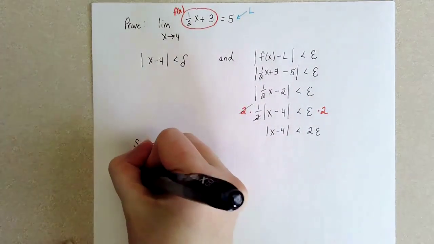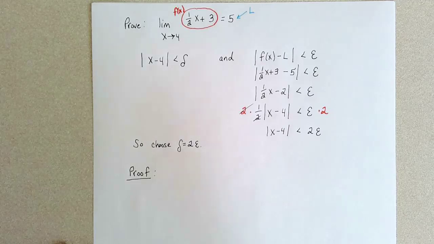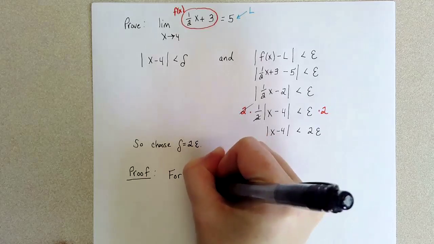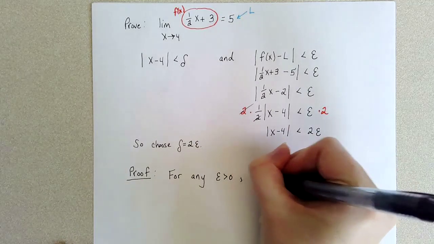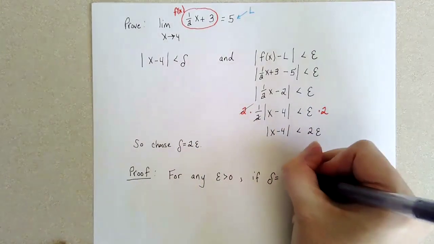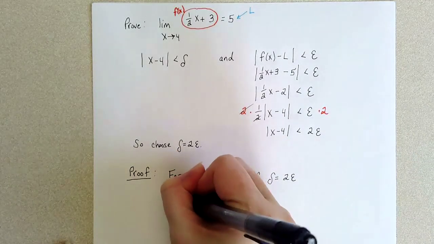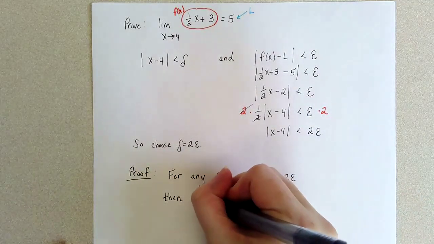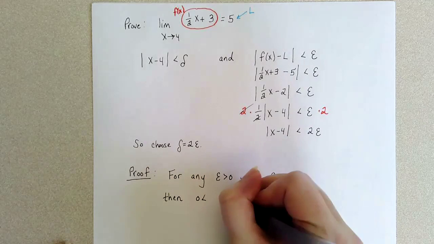So I'm going to go ahead and now actually start my formal proof. And I'm going to say for any epsilon greater than 0, if delta is equal to 2 epsilon, then, and I want to make sure that my delta is positive, so I'm going to say that my absolute value piece is going to be between 0 and the delta.